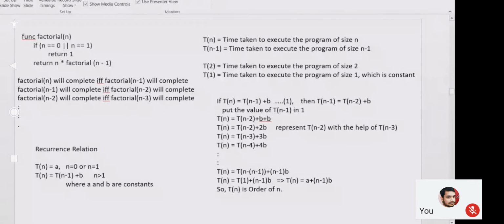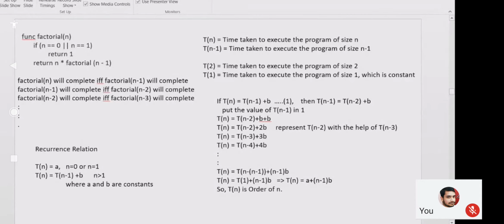Nothing else. That means the size of the array or the size of the problem will reduce by 1 for each and every recursive call. Initially, suppose the value of n is 6. That means initially the problem starts from fact 6. So we can get the result of fact 6 if and only if we have the result of fact 5.